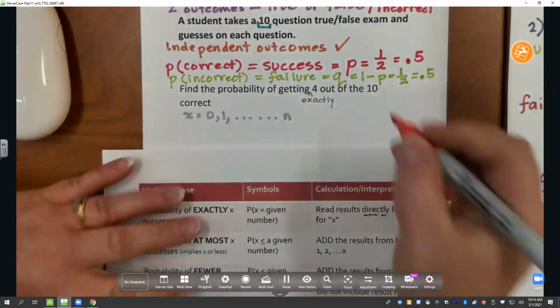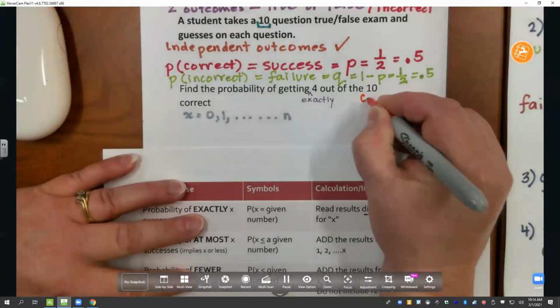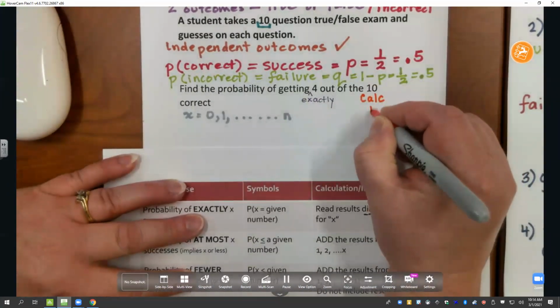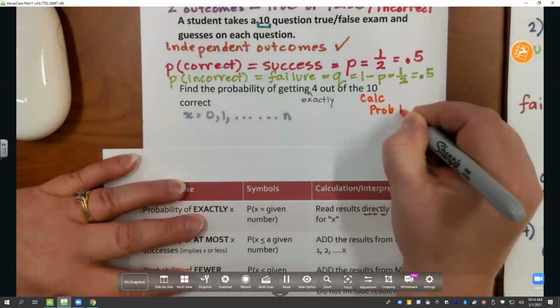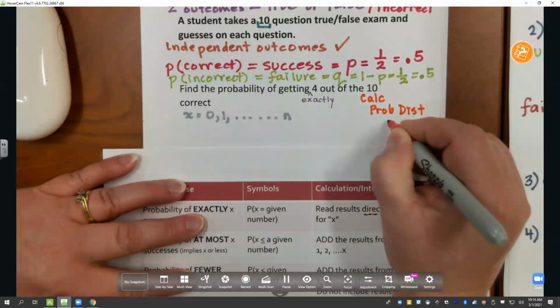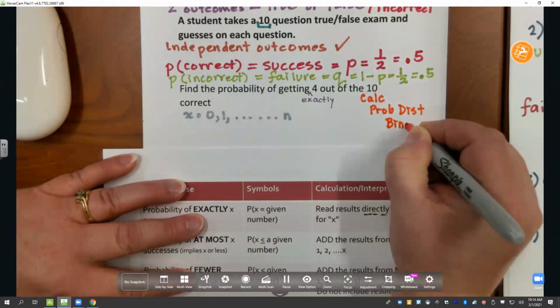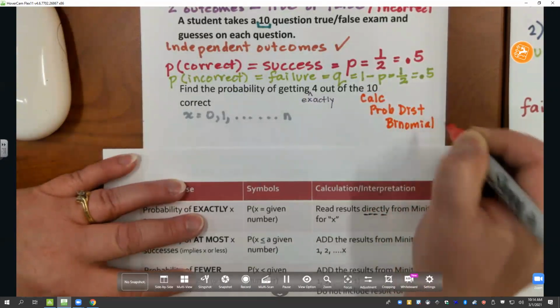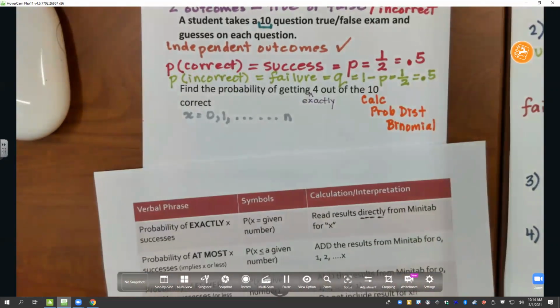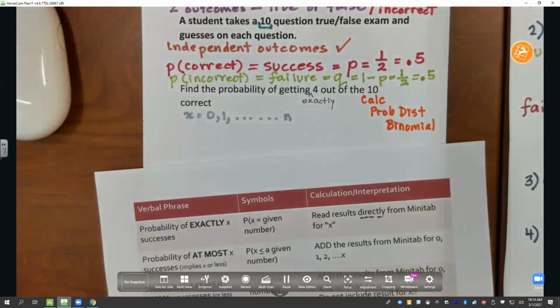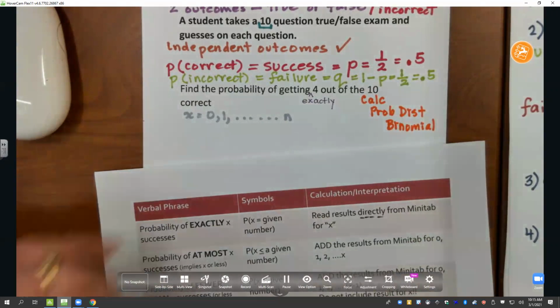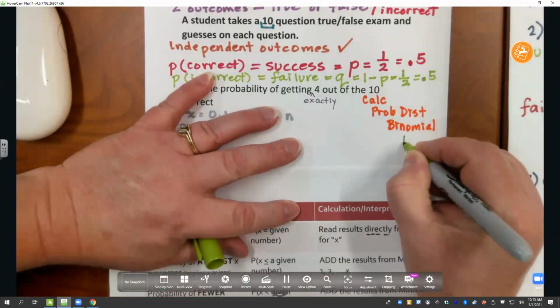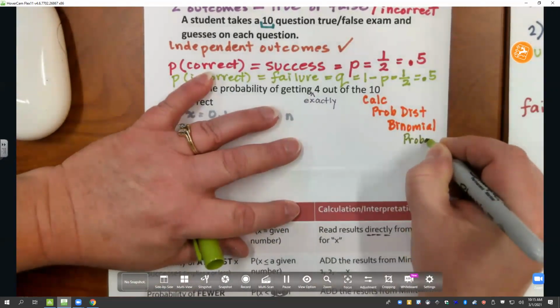In terms of the command, we went Calc, Probability Distribution, Binomial. And then the other big piece that you got to remember there is that you want just plain flat out probability.